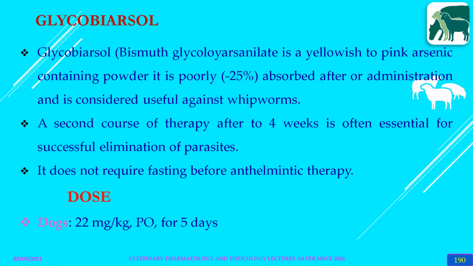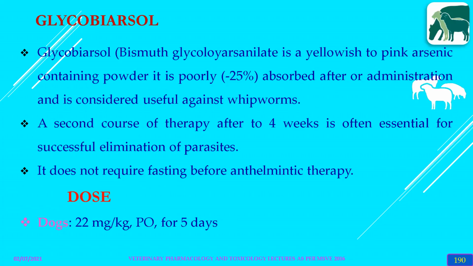Then glycobiarsol is another arsenical compound containing bismuth powder. It is poorly absorbed by oral administration and is considered useful against whipworms. So a second course of treatment after 4 weeks is often required for complete elimination of the parasites.